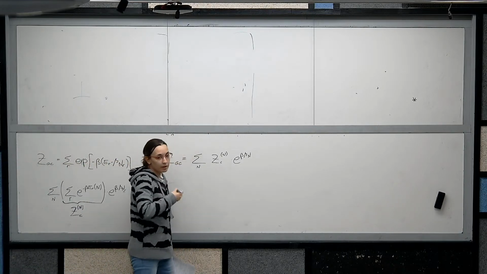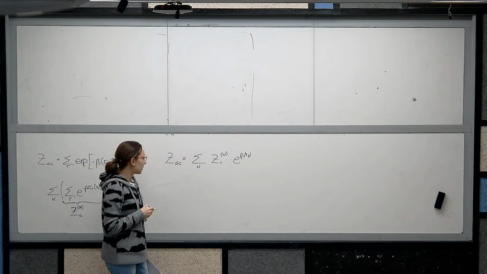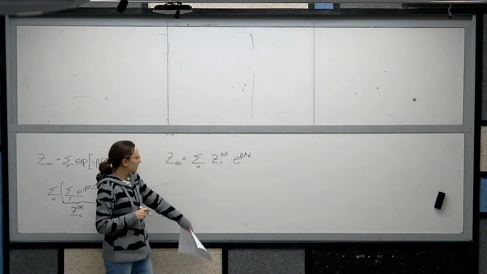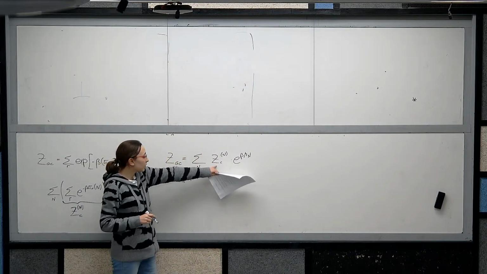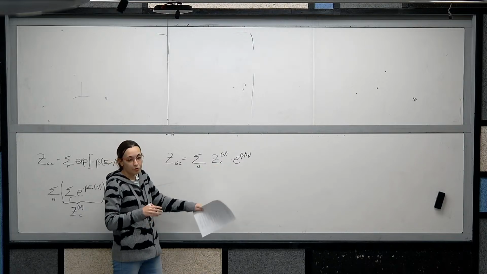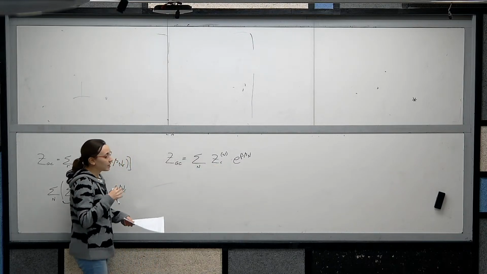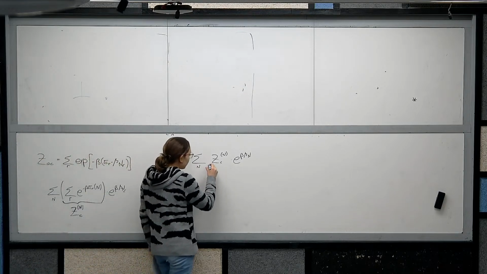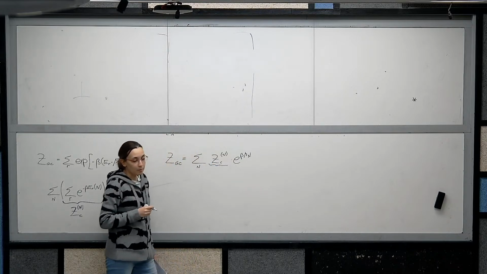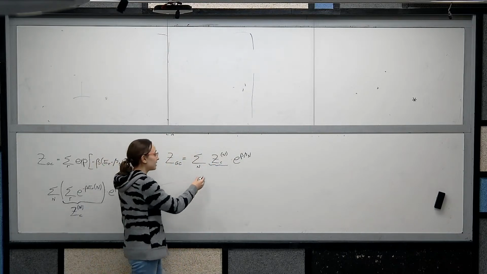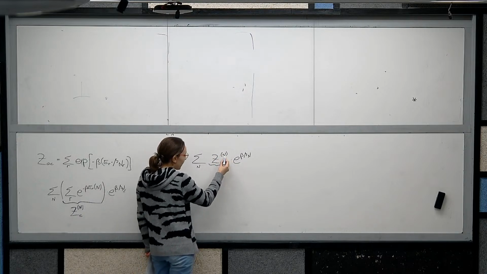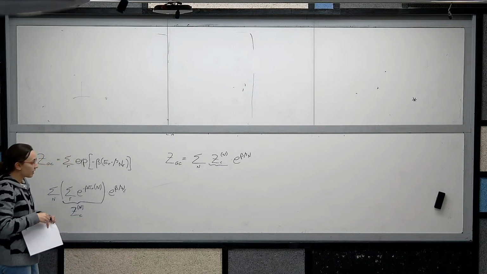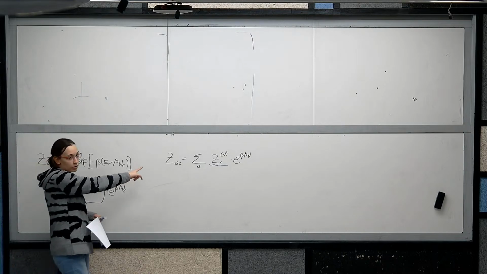Okay, so we need to do one more step here, because if we keep it this way, we need to calculate the canonical partition function for every specific number of particles in the system, right? So we want to write it more generally, so that it won't depend on n. This function has a dependence on n, and we want to see what this dependence is and find some general mathematical way to write this function.